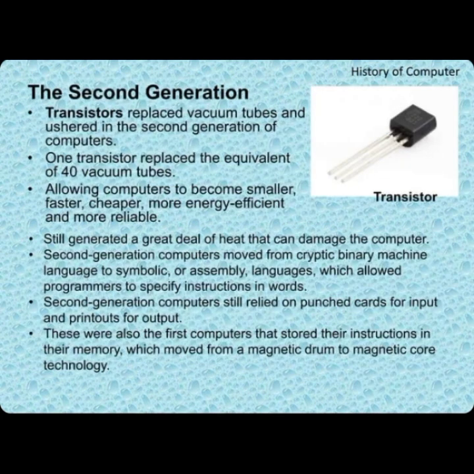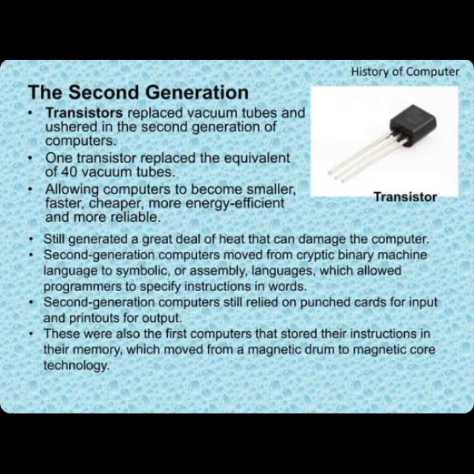The second generation. Transistors replaced vacuum tubes and ushered in the second generation of computers. One transistor replaced the equivalent of 40 vacuum tubes, allowing computers to become smaller, faster, cheaper, more energy efficient, and more reliable. They still generated a great deal of heat that could damage the computer.